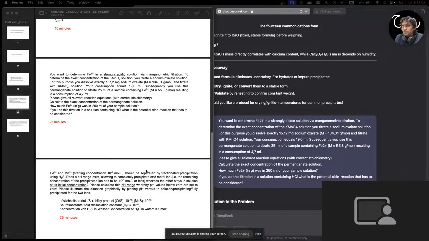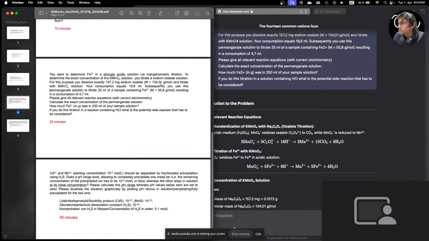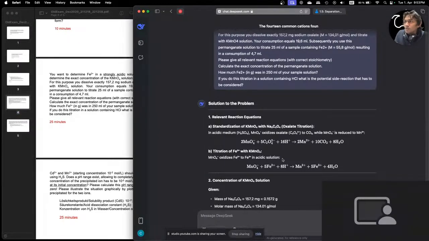So the equation is, what are the relevant reaction equations: the standardization of potassium permanganate with sodium oxalate. I think this is oxalate, right? Yeah. So we're taking off the cations.